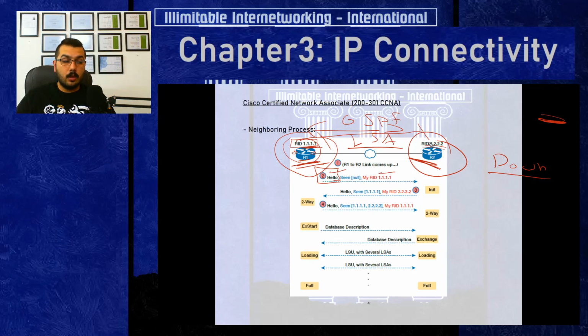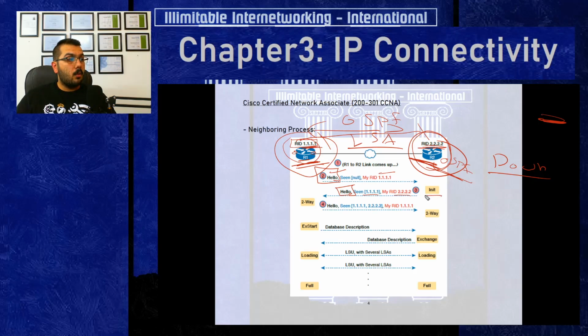What about you? Just in case R2 was also configured with a router ID, whether manual or automatic, and was configured for OSPF, it must be configured for OSPF to reply, then it will reply: hello, thank you, I have seen your message, my name is 2.2.2.2 and I'm also using OSPF.